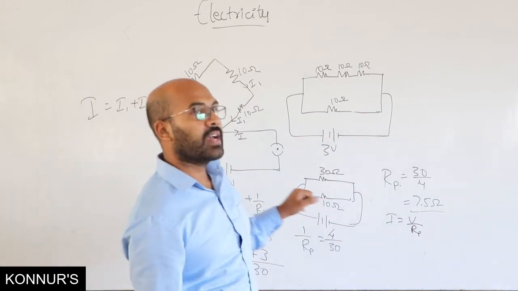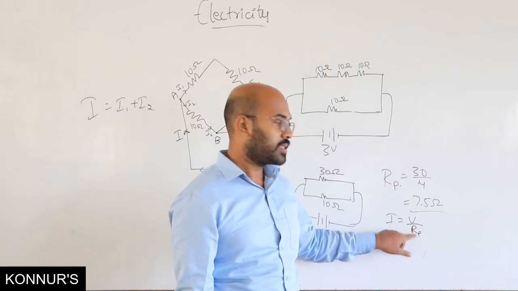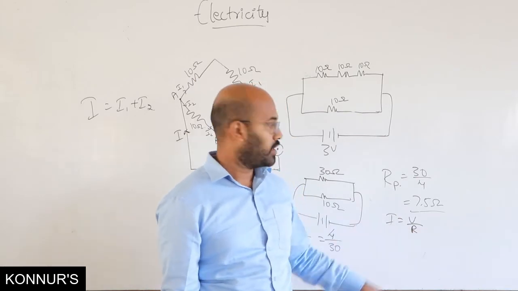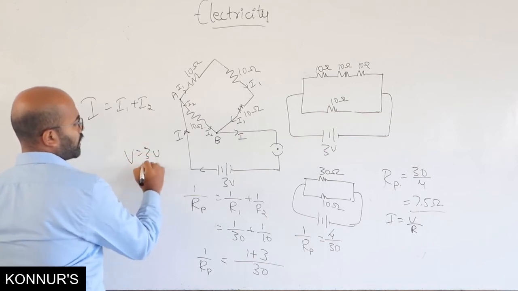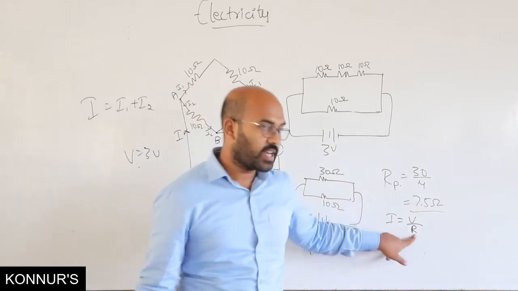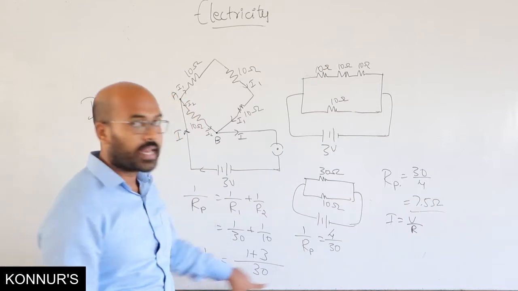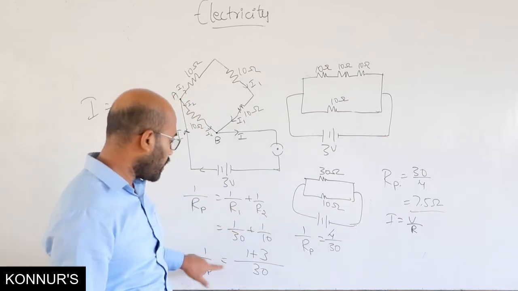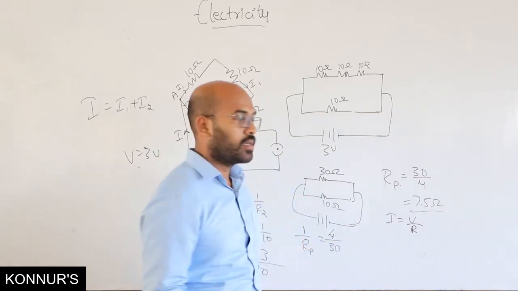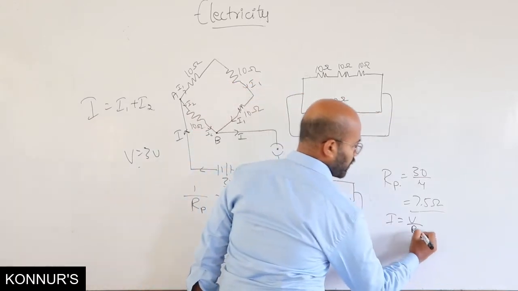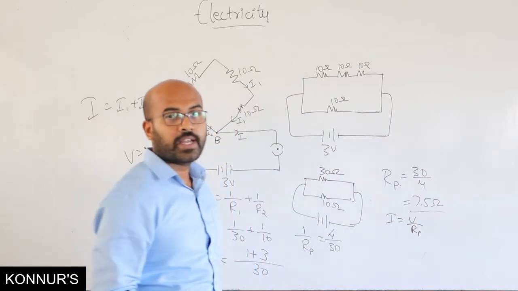So the evaluator might be wondering, where did this R come from? You have the value of V, V is 3 volt, but what is the value of R? It is either R1, R2 or Rp. So R is nowhere used. So at that time, use whatever you have written.